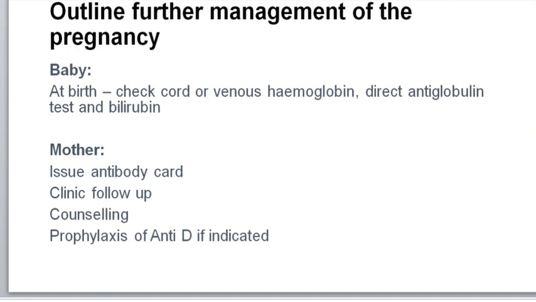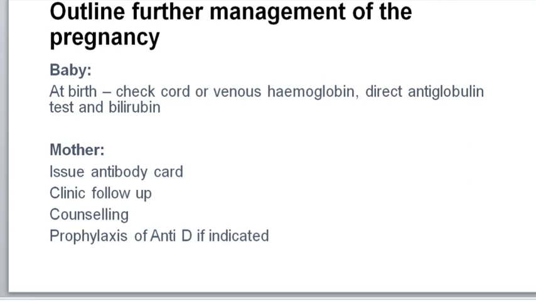Then do not forget the baby. If you forget the baby in your answer, you may lose significant marks in this 13-mark question. Every baby at birth should be examined by the neonatology team.